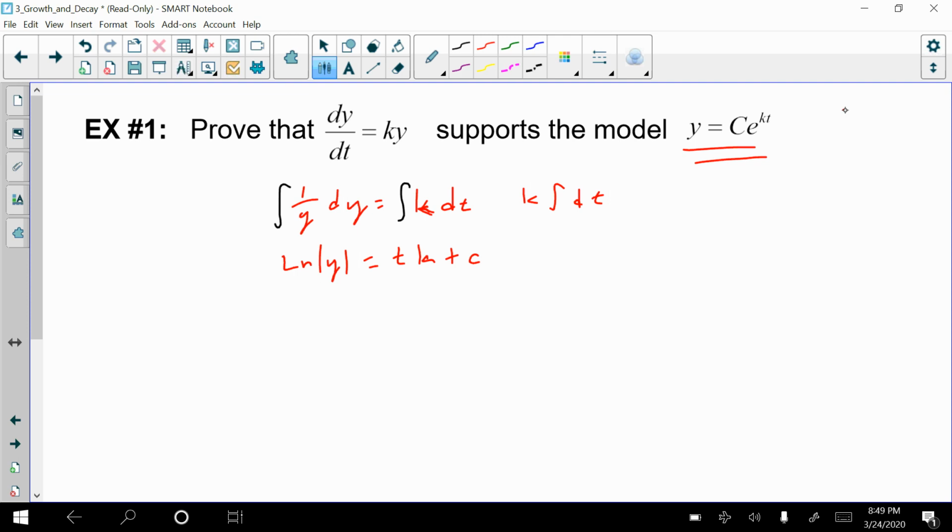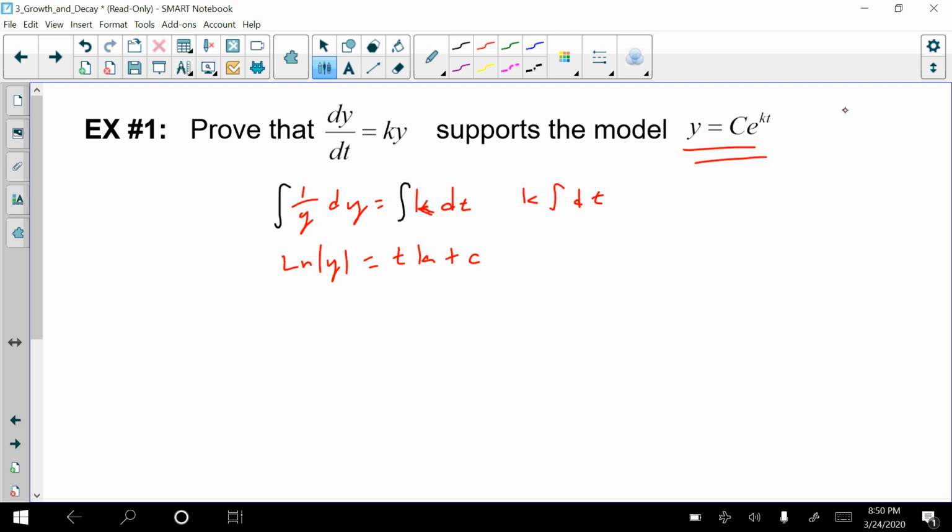Now, this c that I've come up with so far in the problem is not that capital C that you have in your standardized equation on the right of the screen. Remember in our differential equations, when we take the antiderivative of something, the c is just going to be a constant. It is a family of solutions and can be a whole bunch of different numbers.